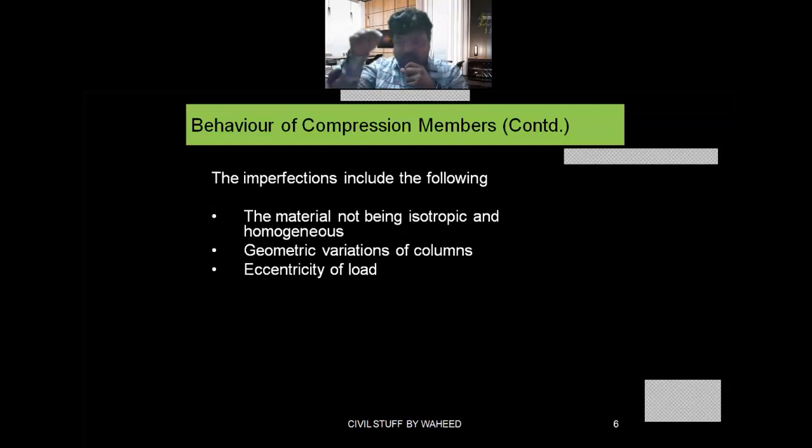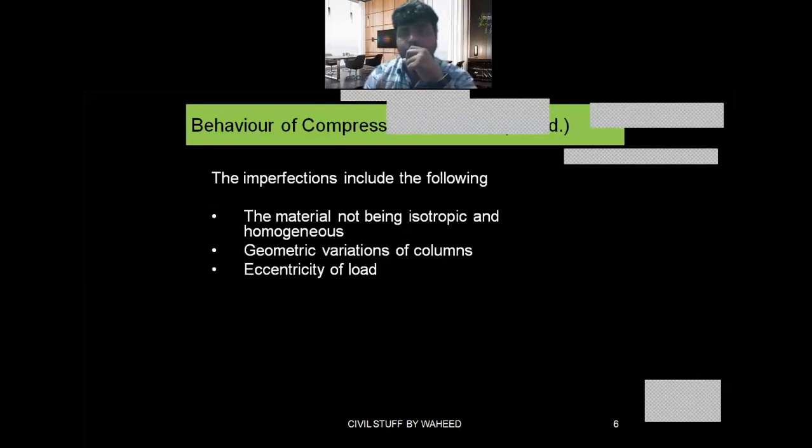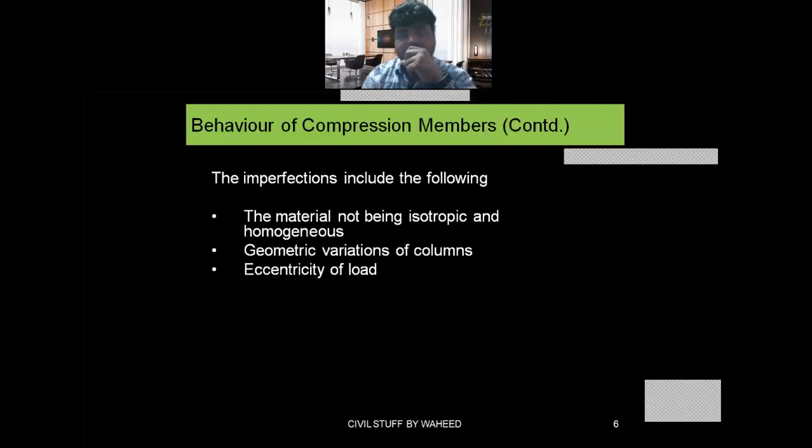If the load is transferred exactly through the centroid of the section, then it is an axially loaded column. If it is not so, it may lead to eccentricity of the load, that is, eccentric columns. There you will have two things developed, that is, uniaxial and biaxial moments due to eccentricity of the loading.